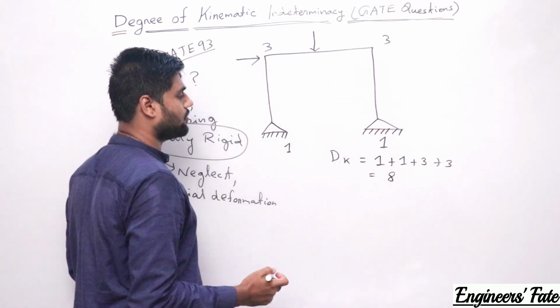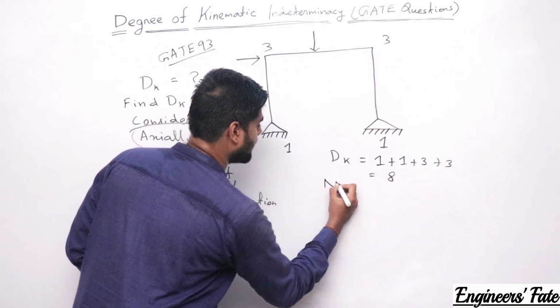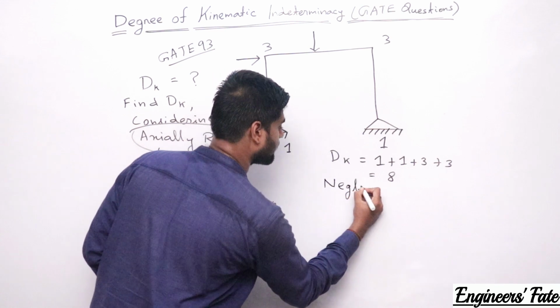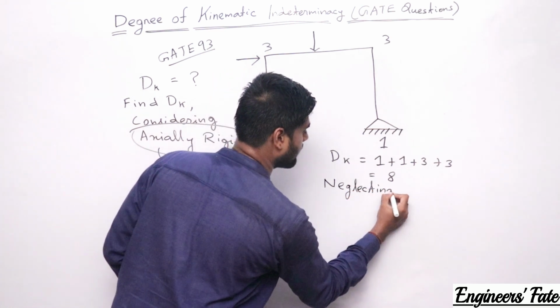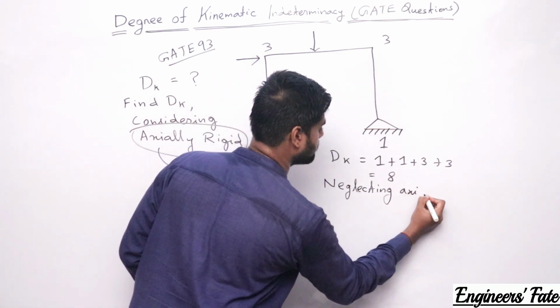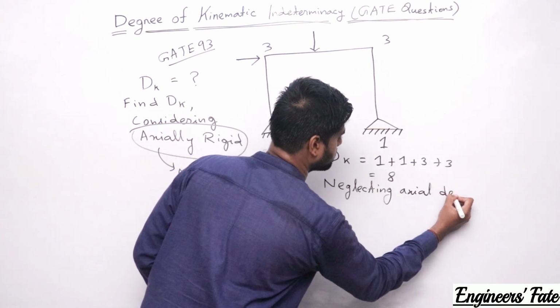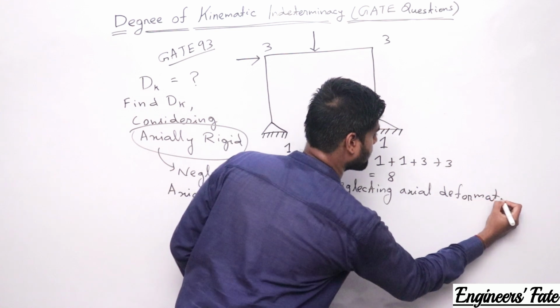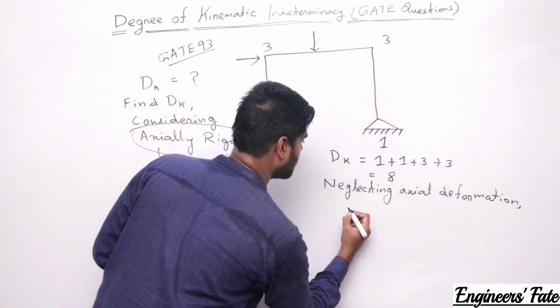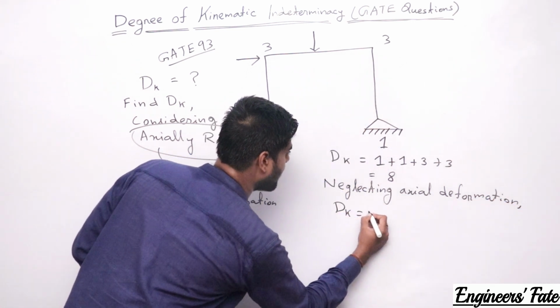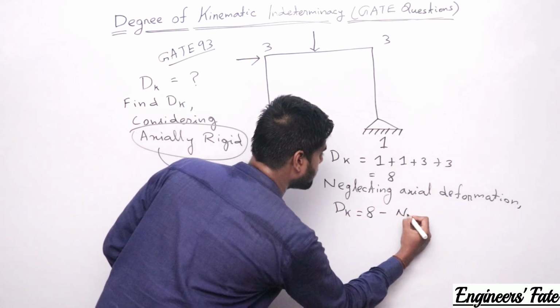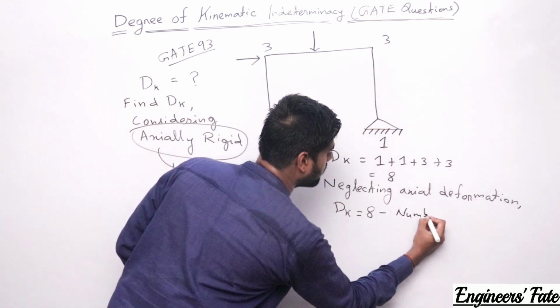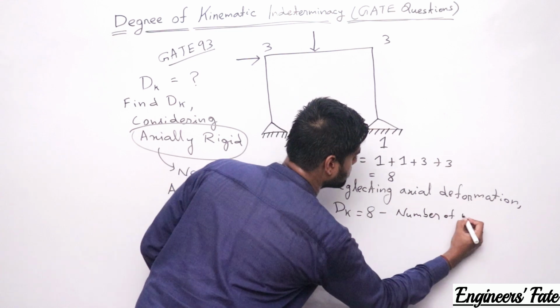Now, neglecting axial deformation, DKR equal to 8 minus the number of members.